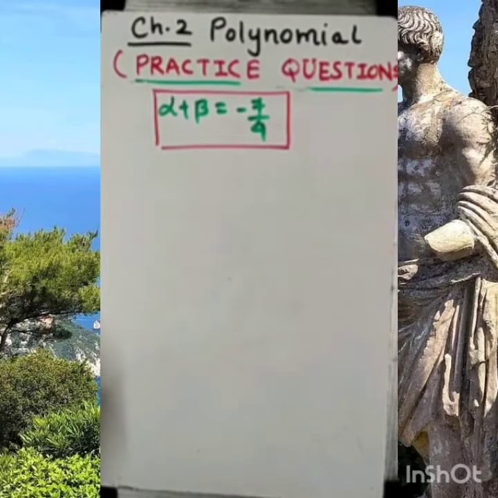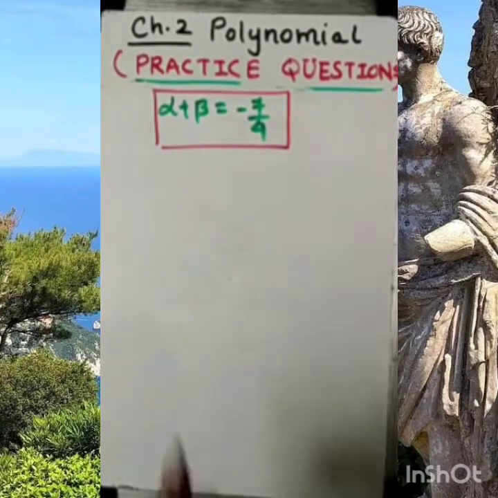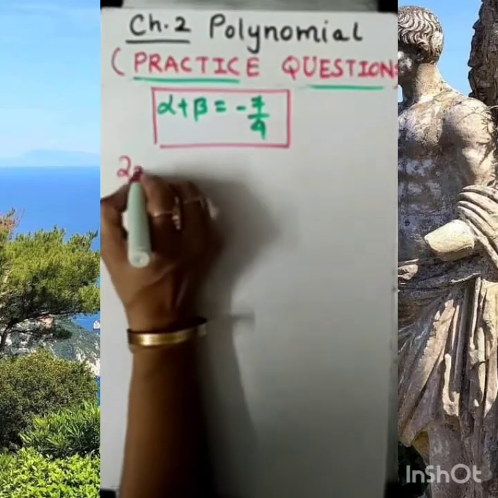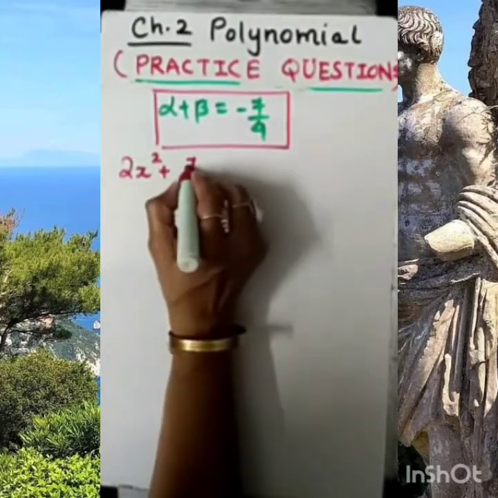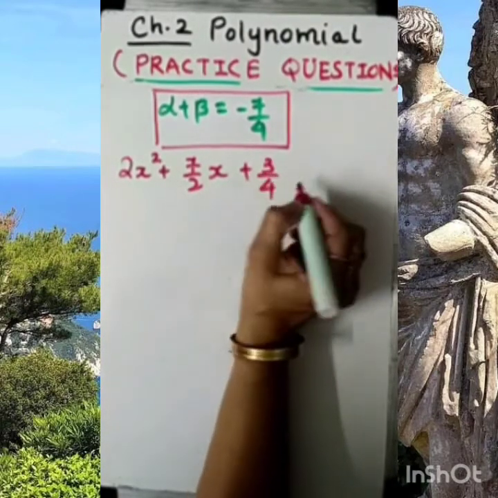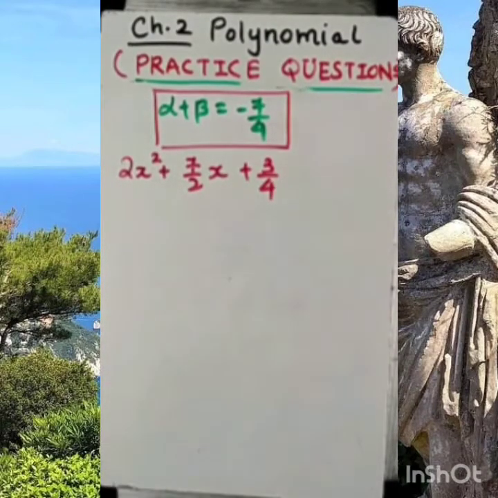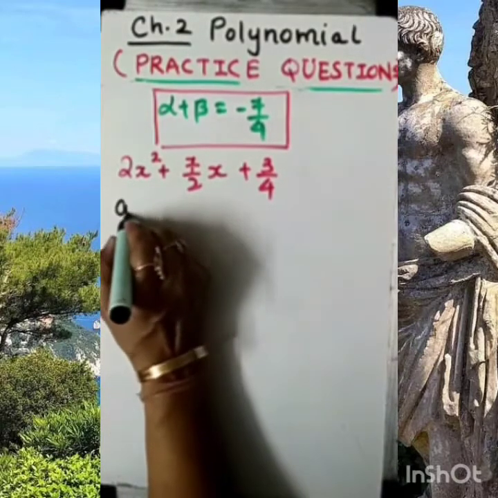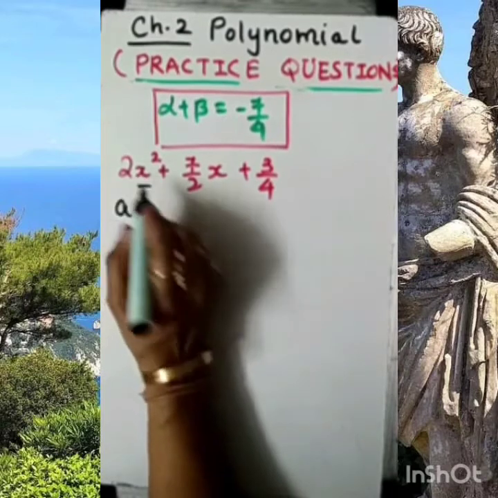Okay, what is our original polynomial? Let's see. The original polynomial is 2x square plus 7 by 2 x plus 3 by 4. This was the question. In that, what is a? As you know, a is the coefficient of x square, that is 2.